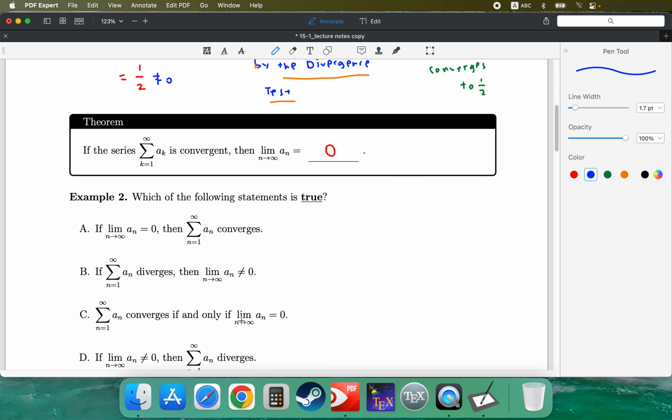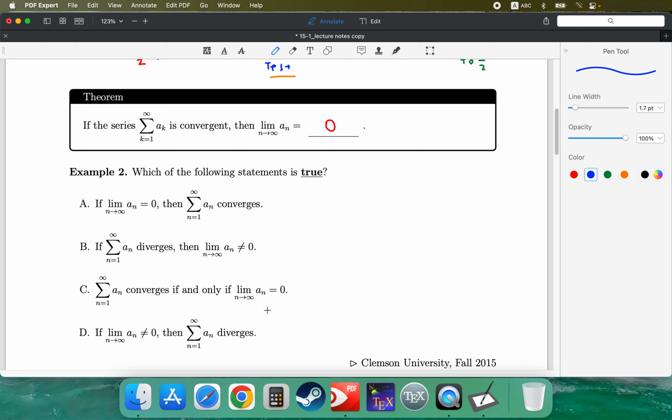Now C: the series converges if and only if the limit equals 0. Notice that if and only if means the left implies the right and the right implies the left. The series converges implies the limit equals 0, so this direction is true.